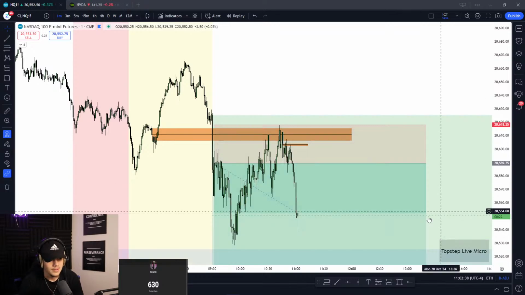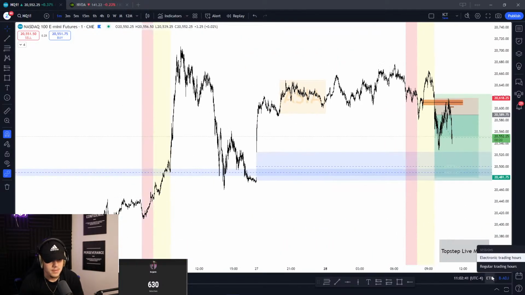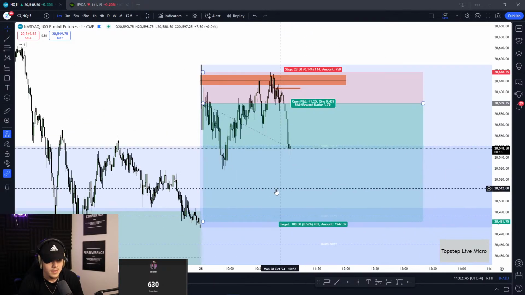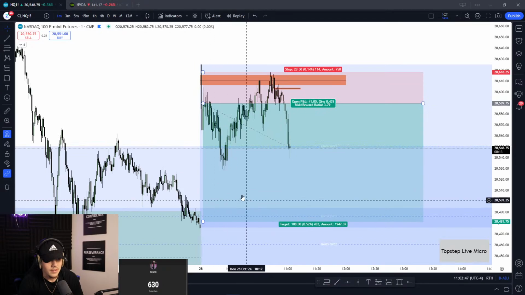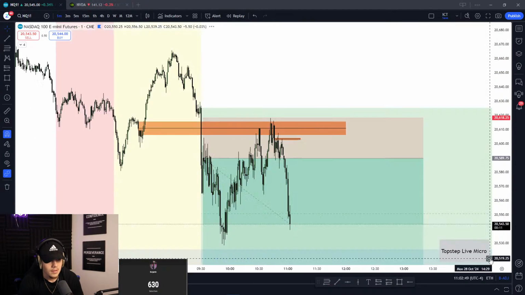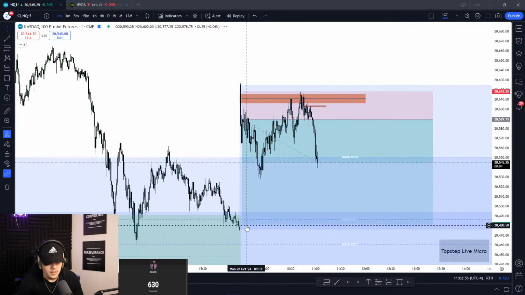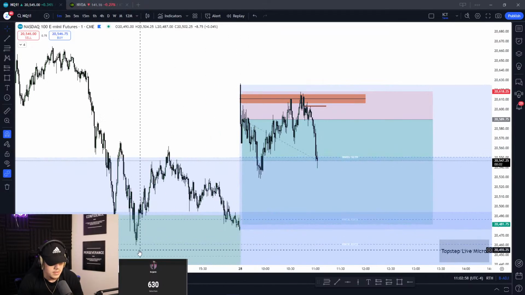Wow. We still haven't filled out the opening range gap. So if we go to regular trading hours, you can see we still have all this liquidity rested below here. That's what I'm targeting for. Is there equal lows on the regular trading hour gap? No, but there's relative equal lows down there.